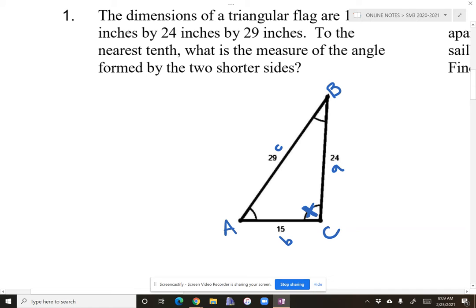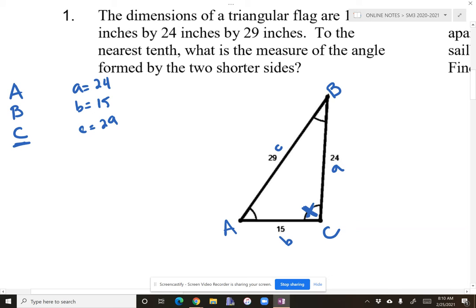If you look and you do A, big B, big C, I don't have any of those, but I have little a, little b, and little c. Little a is 24, little b is 15, and little c is 29. And I'm trying to find c.